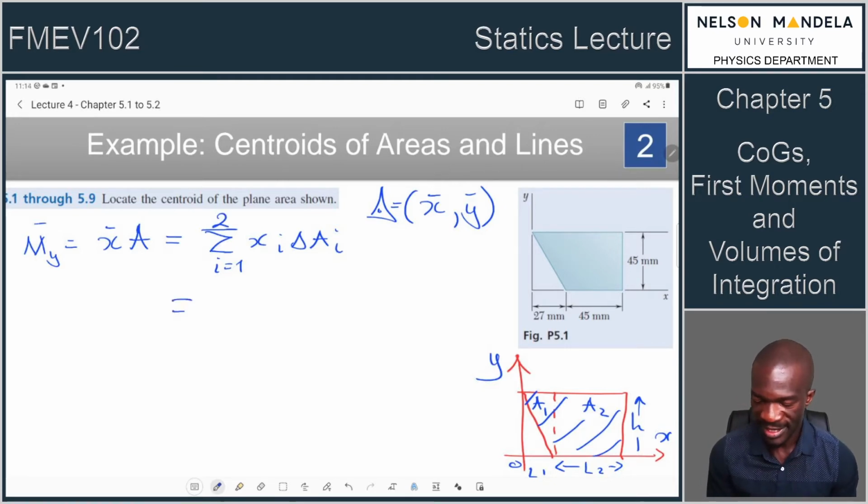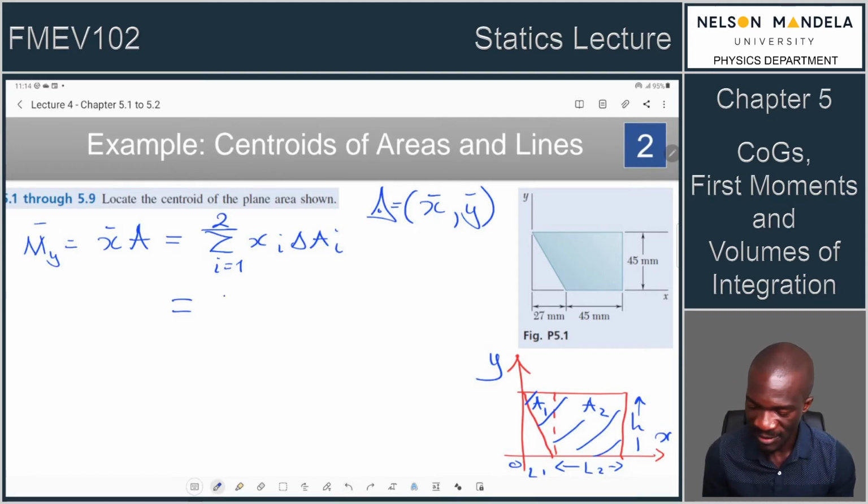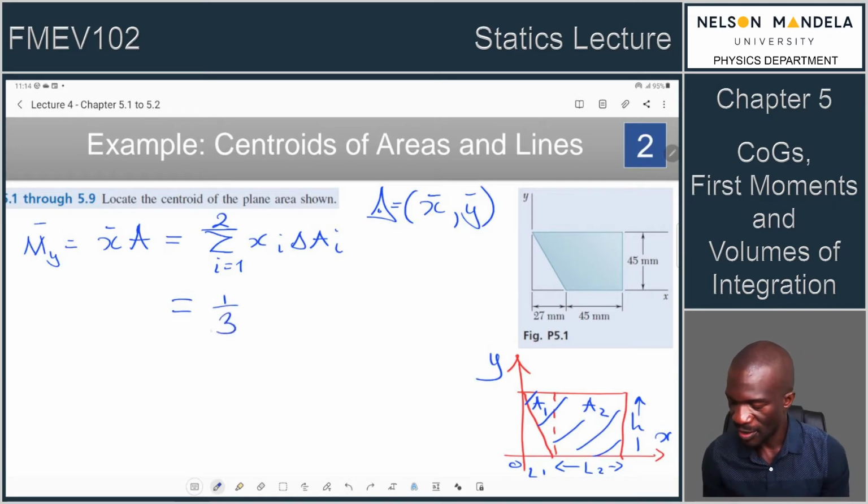Now, let's expand. What is the x centroidal position for the first area element? The first area element is a triangle. By now, you should already know that the centroid is at 1/3 of the height.